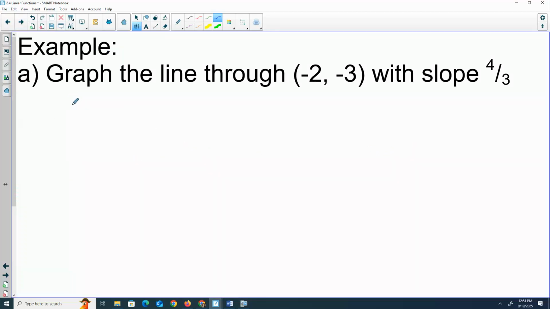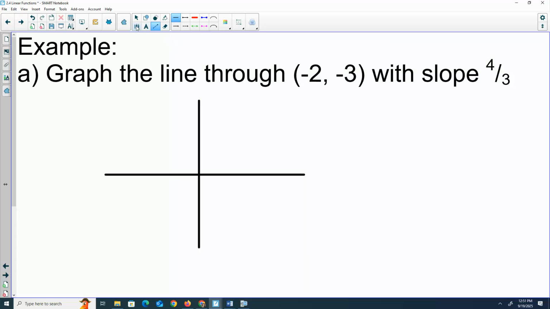Do you know how to graph a line if I give you a point and a slope instead of the equation? Remember what to do? Where do we start? The point, -2, -3. And then what do we do? Up 4 and over 3, rise over run.